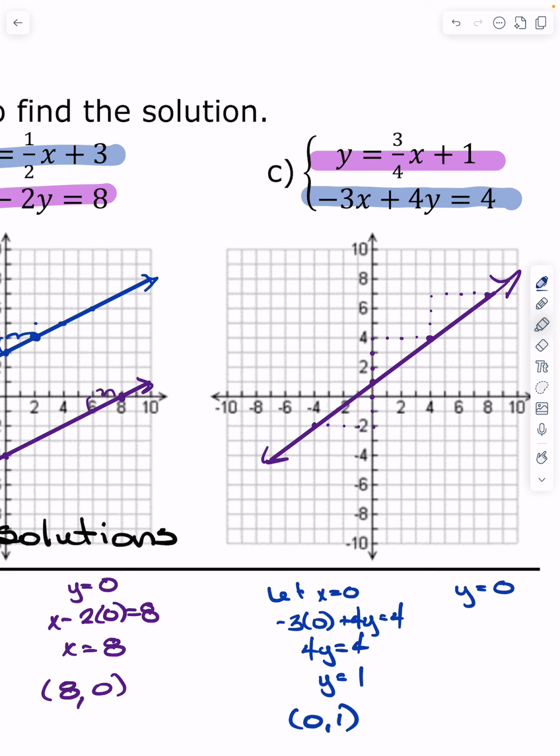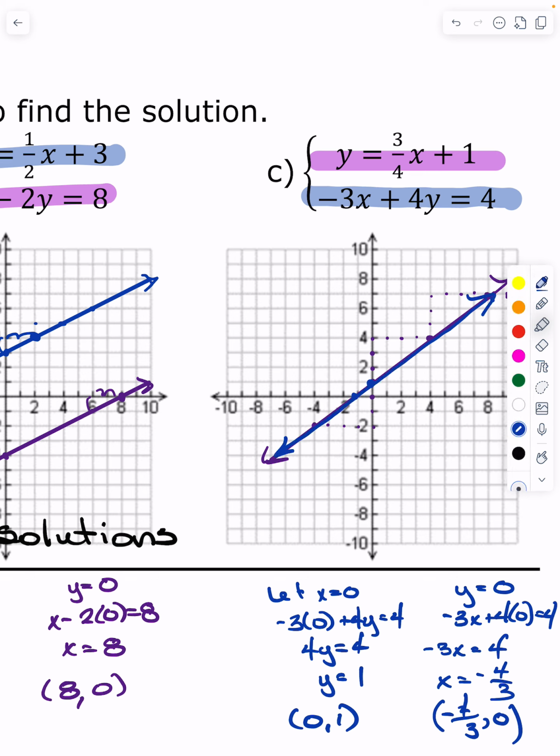And when y is 0, I get negative 3x plus 4 times 0 equals 4. Negative 3x equals 4. x equals negative 4/3. So I've got (0, 1), it's this point right here. I have (negative 4/3, 0), it's this point right here. I end up with the exact same line. So here, we have infinitely many solutions.